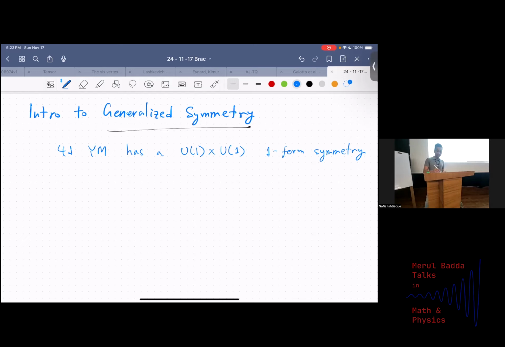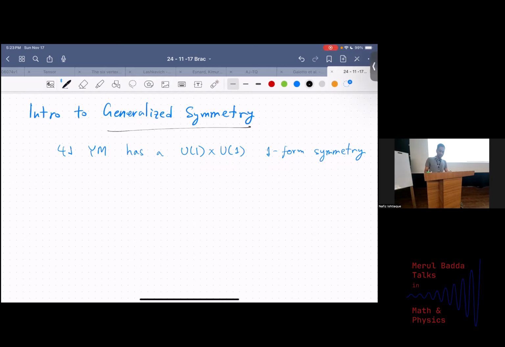Does this sentence make sense to you, or is it completely new? If it is completely new, then the goal would be that at the end of the talk, you have some idea of what these terms mean and why this is a valid statement.